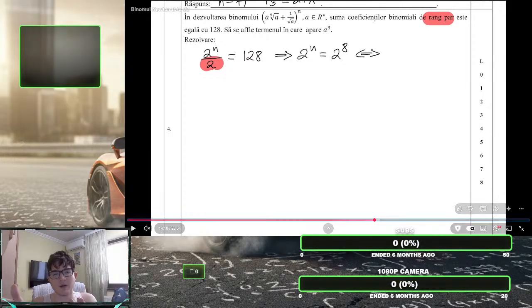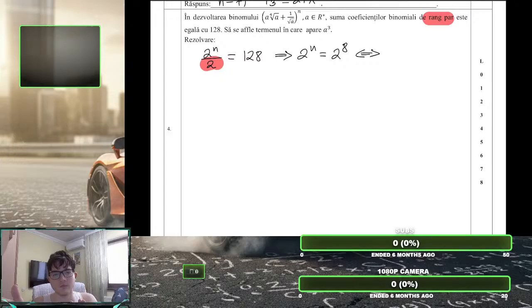Okay, so we went crisscross, 256, so that's 2 to the power of 8. So n is 8. If I were to do it like this, it would have been n plus 1 equal to 7, so n would be 6, right?